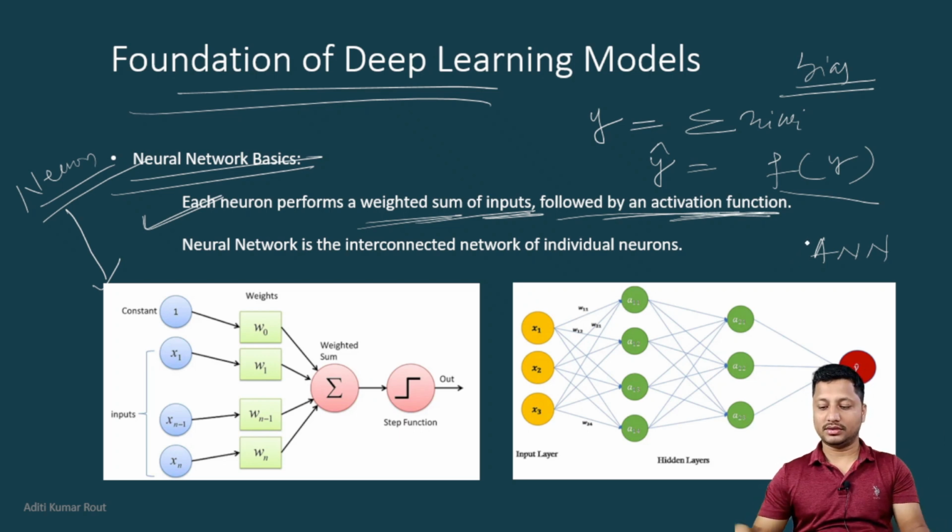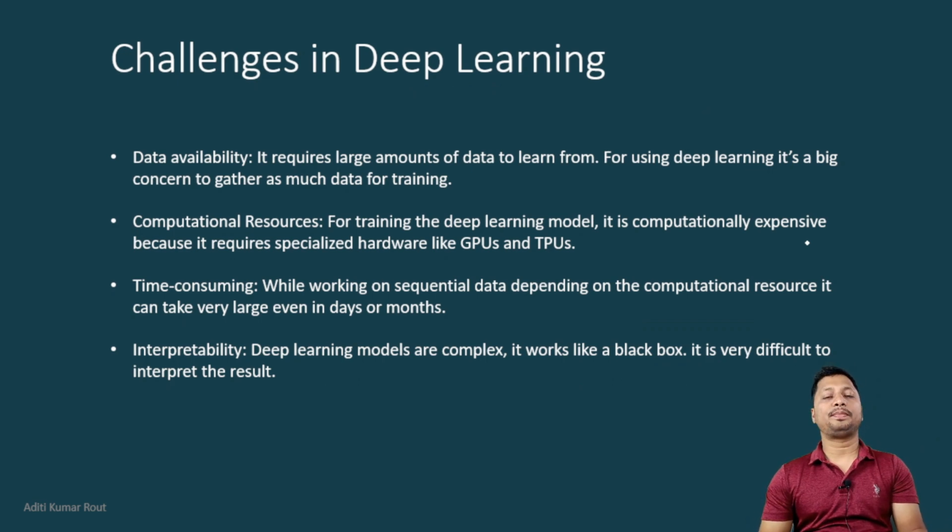So let's go to the challenges with respect to deep learning models. We discussed that deep learning models are very efficient in certain scenarios, but there are still some challenges.